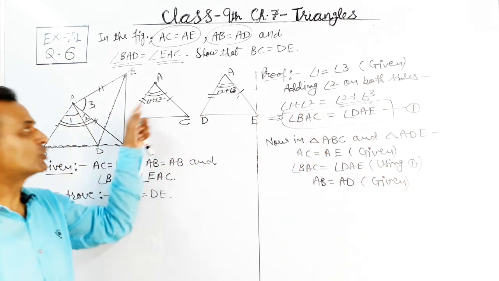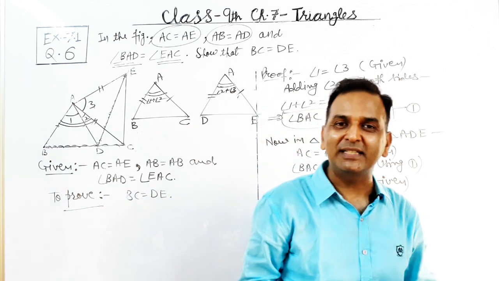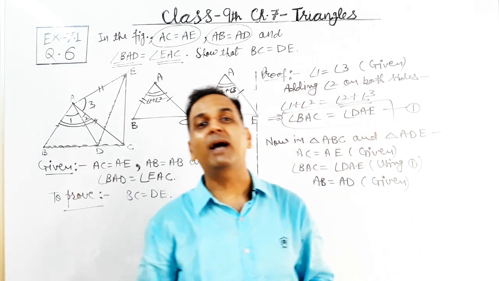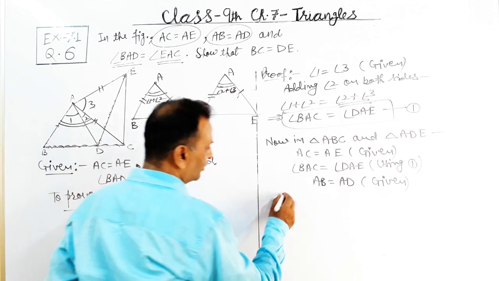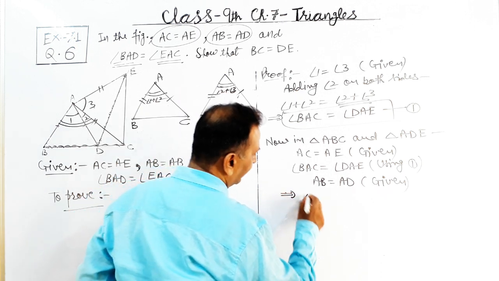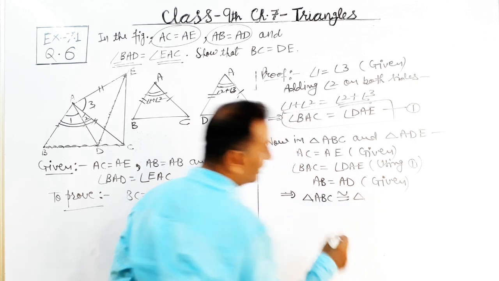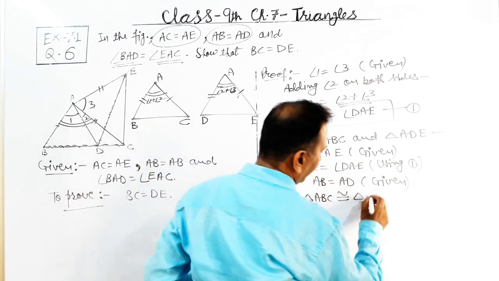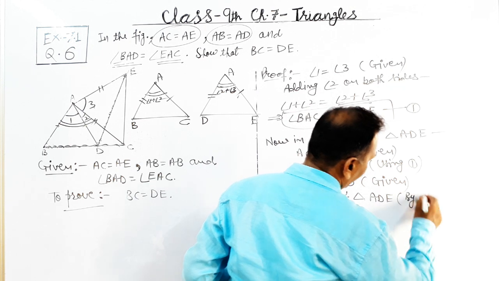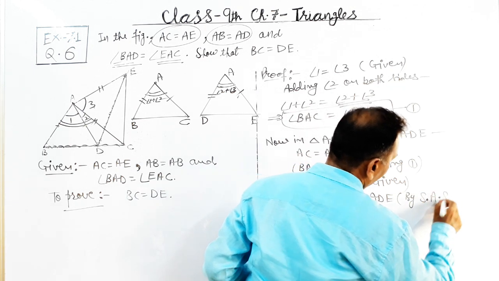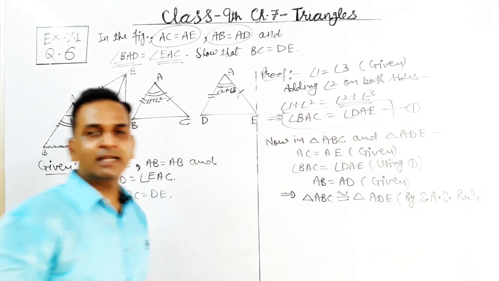And now two sides and the included angle are equal. So we can say the two triangles are congruent by using the SAS congruence criteria. Therefore triangle ABC is congruent to triangle ADE, by the SAS congruence criteria or SAS rule.